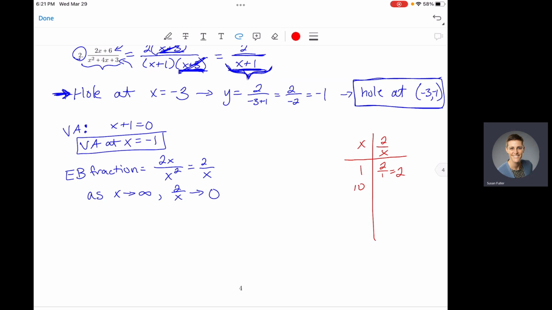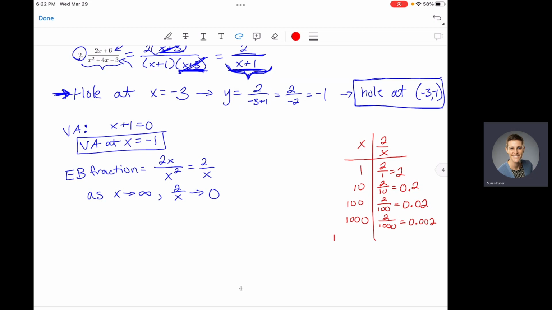Let's make x a little bit bigger because we want x to get really big eventually, but we'll work our way there. So if x is 10, then 2 over x is 2 over 10, which is 1/5 or 0.2. If x gets even bigger to 100, then 2 over x is 2 over 100, which is 1/50th or 0.02. If x goes to 1,000, then 2 divided by 1,000 is 1 over 500 or 0.002.